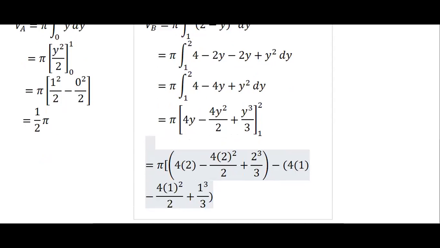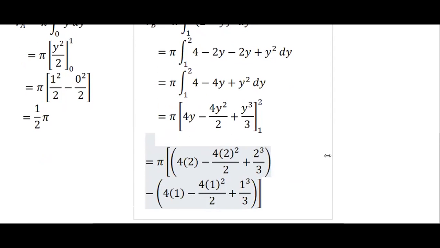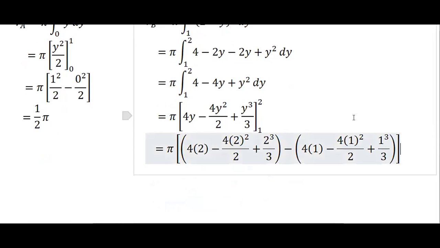Okay, masukkan saja itu 1 dan 2. Put in the 1 and 2 inside the y. Okay, cuba kira. Kirakan ini berapa jawapan kamu?